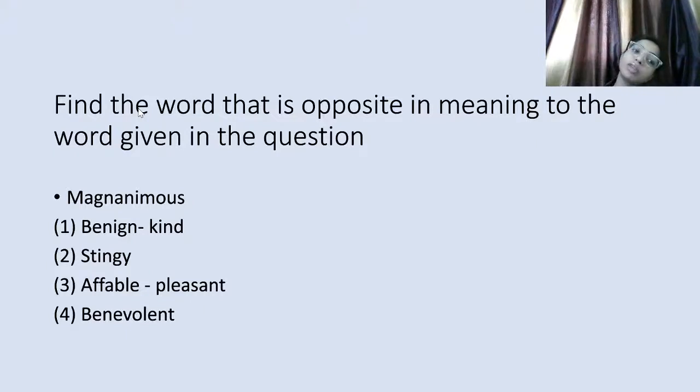So we remain with only the second option, which is stingy. Stingy means something that is biting, that is negative, a venomous, negative act, which is full of hatred. So this is right opposite to magnanimous. Hence, the right option is stingy, which is the second option.